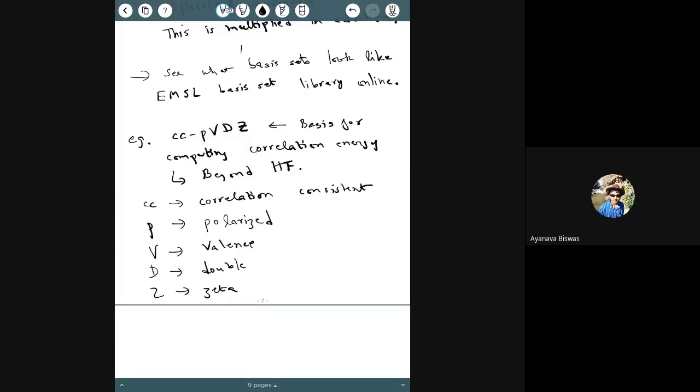When you do correlation energy calculations, it's important to have these polarization components to give the orbitals flexibility to adapt to your correlation. Then V is valence. Polarized and valence go together. It means that the valence orbitals are polarized. The innermost core 1s, 2s orbitals, the ones which are inside and not interacting much, are still pure, in the sense that S is described by S, P by P, and D by D. But the valence ones have higher angular momentum components.